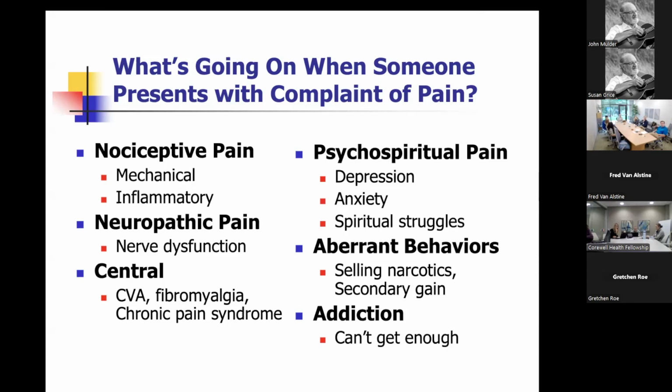Central pain is one that, again, is sometimes overlooked when there is actual central nervous system damage. We see it frequently after certain types of strokes. I've seen it after brain necrosis from radiation therapy. I've seen it after cord injury, and that can result in pain.